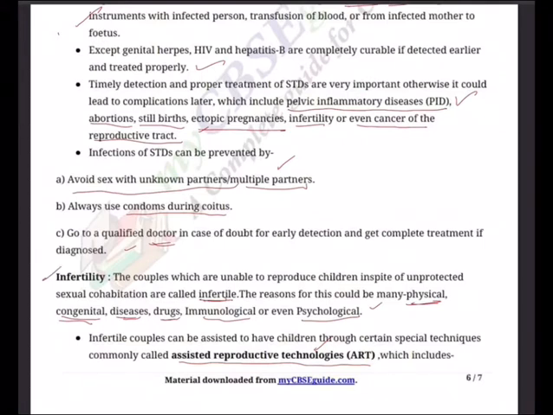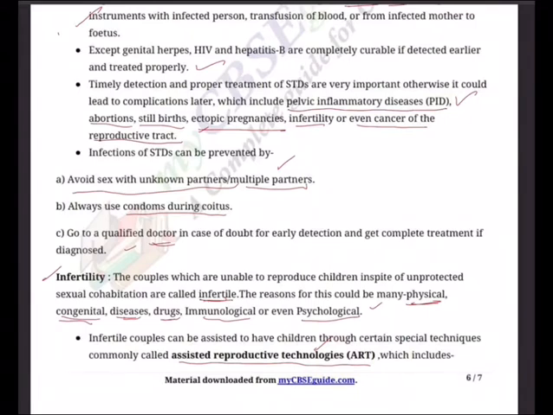So basically infertility is when couples are unable to reproduce children in spite of unprotected sexual cohabitation. They are called infertile. So it is the inability. It is caused by various reasons which can be grouped under physical, congenital, immunological, or even psychological disorders.